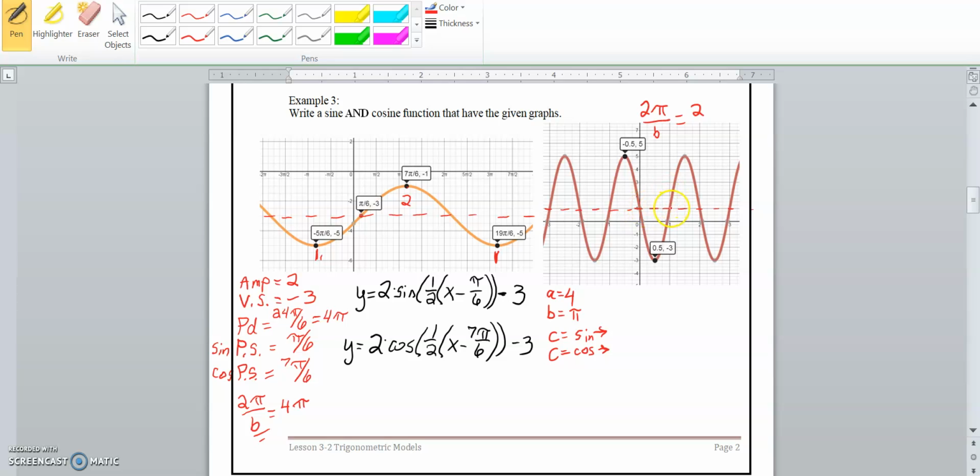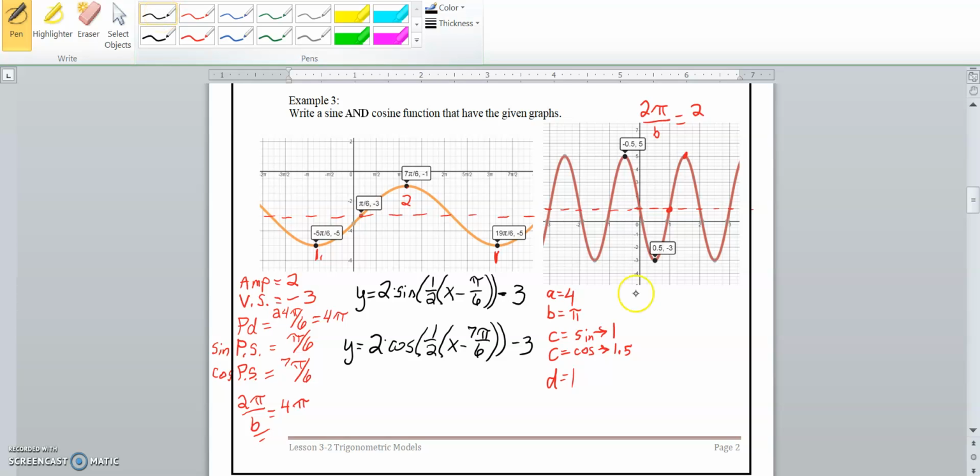Let me make this the point that we should have started at. So we shifted to the right 1 unit. So for sine, C is 1. For cosine, the peak is clear over here, at 1.5. I'll keep my phase shifts positive. And our D, we said we were up 1 unit from where we should have been.